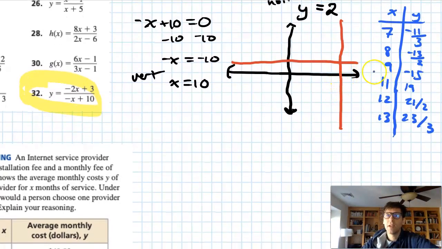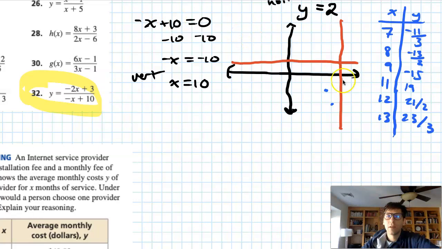But now that I have those points, so this would be 7, negative 11 thirds. 8, negative 13 halves, actually this one will be more like here, just to be nitpicky.